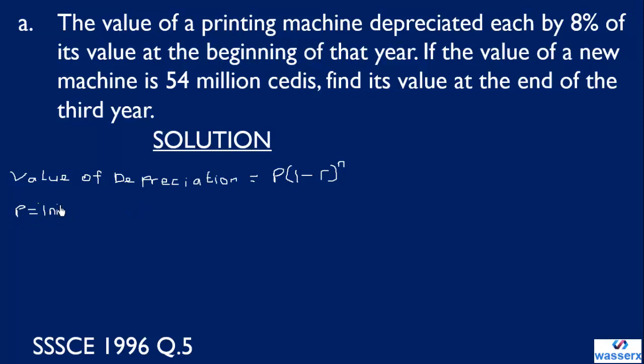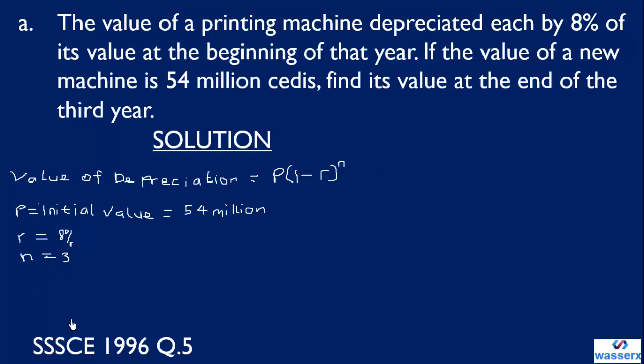So we have the P to be equal to the initial value of the asset, so that is the 54 million as the initial value of the printing machine. Then the R is 8%, that is 8 over 100.